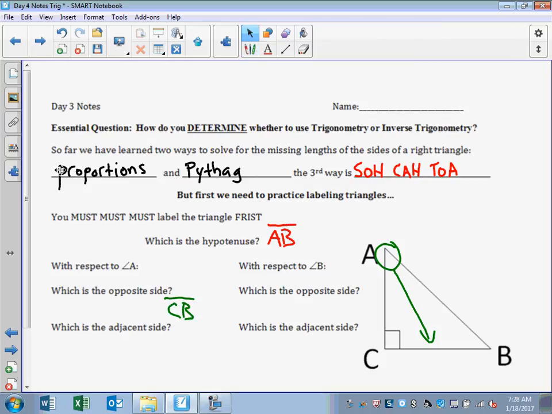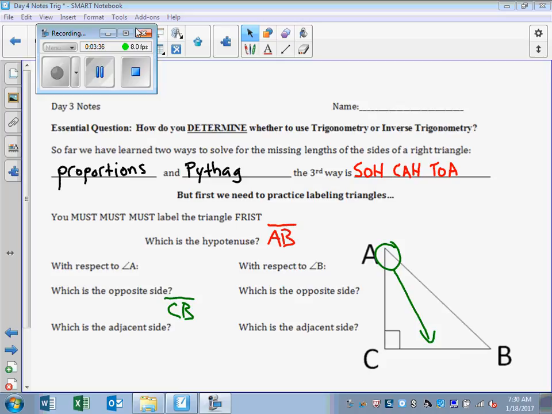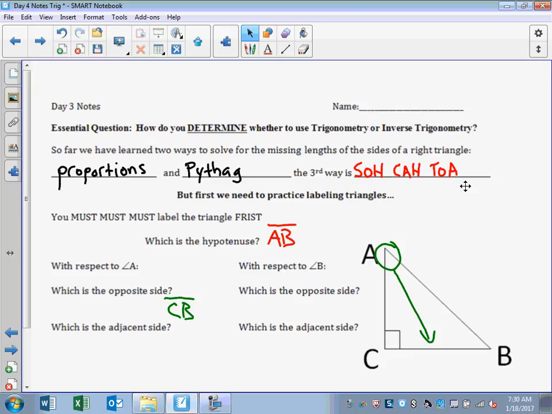Then it asks what side is adjacent to angle A. So for the adjacent side, there are two sides left to choose from. So we got AC or AB.